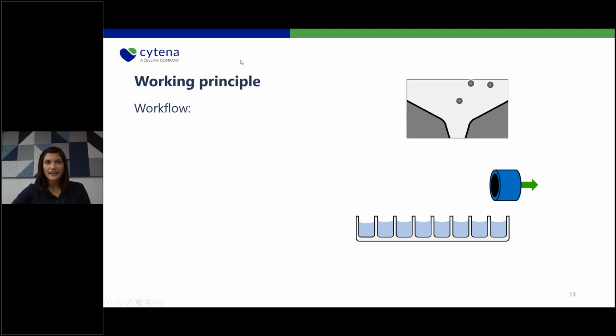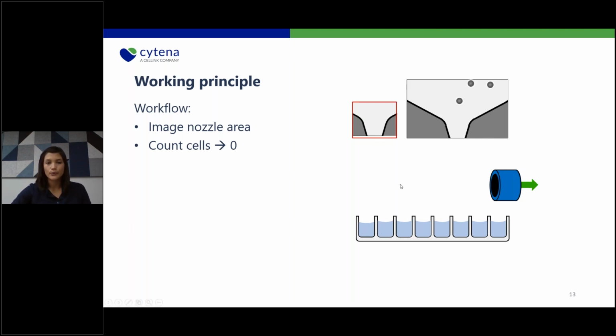Now you may think, okay, how is it guaranteed that just one single cell is in the droplet and will then be dispensed into your well plate? As I already said, the nozzle is imaged and our software recognizes what is in the droplet.